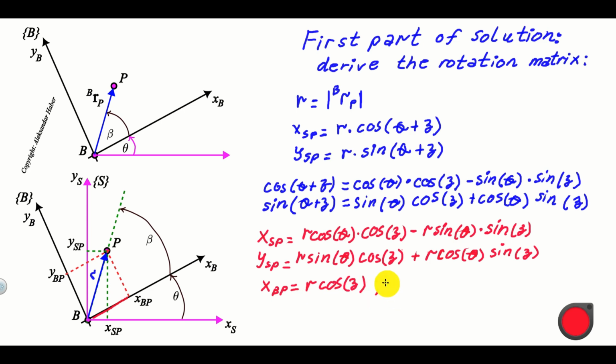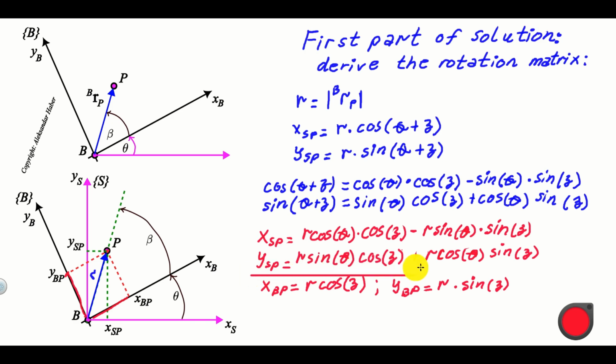Similarly, we can see that YBP, that is this distance over here, is simply R sine beta. This is a very important observation that will enable us to significantly simplify these two equations.